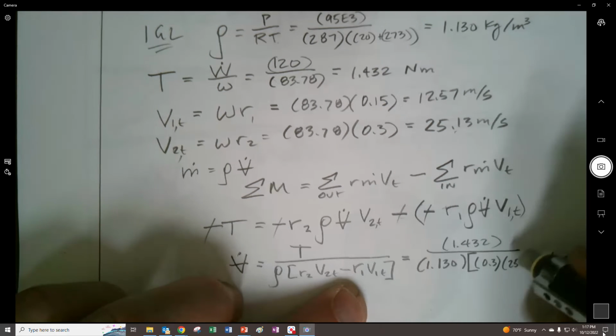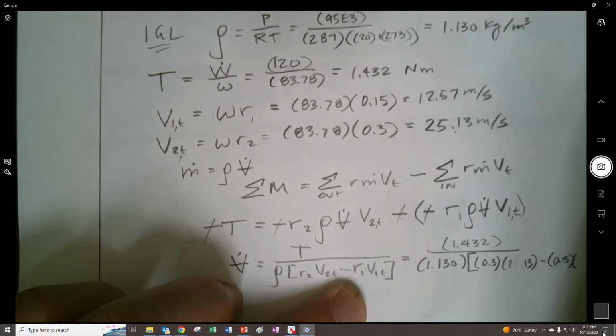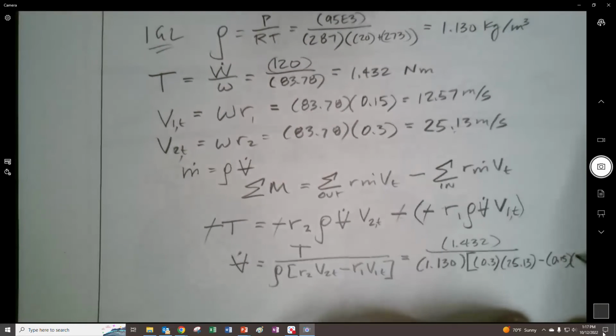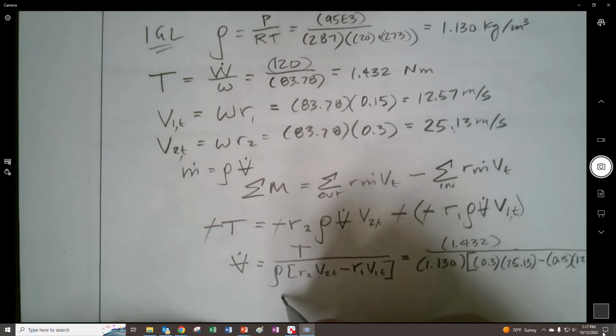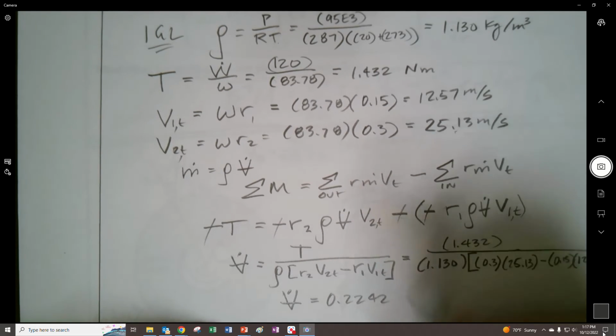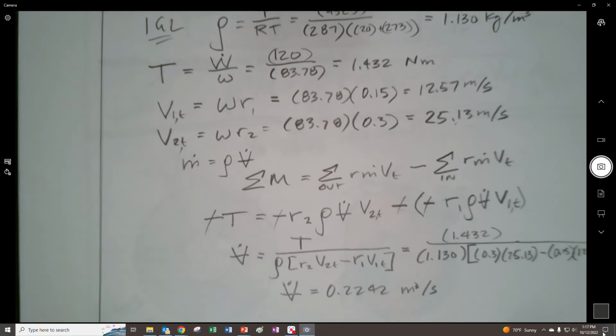No, sorry. Yeah, no, I got it right. Okay, 25.13, and then this is going to be times the 12.57. And I'm going to get a volumetric flow rate estimated at 0.2242 cubic meters per second, right?